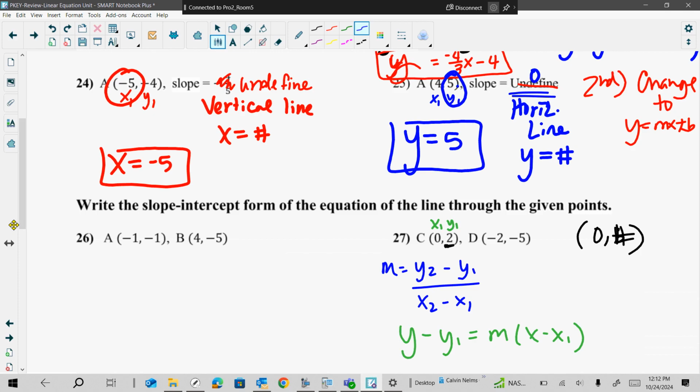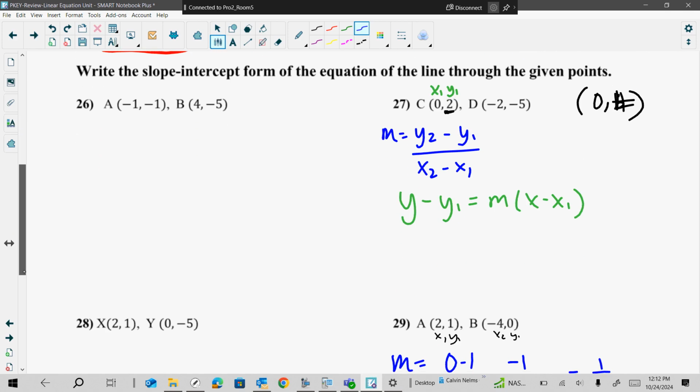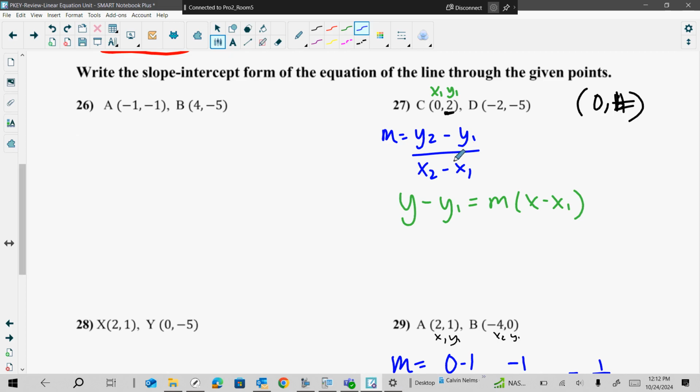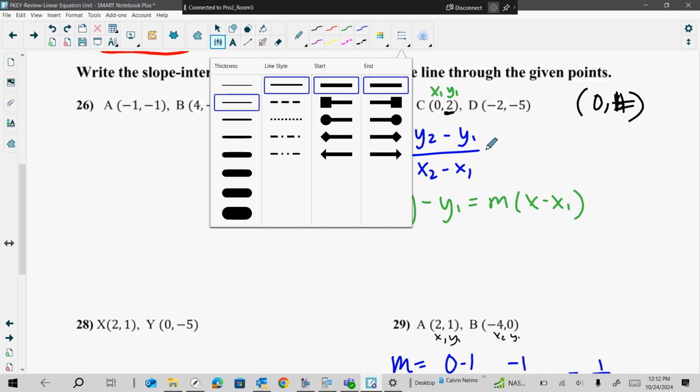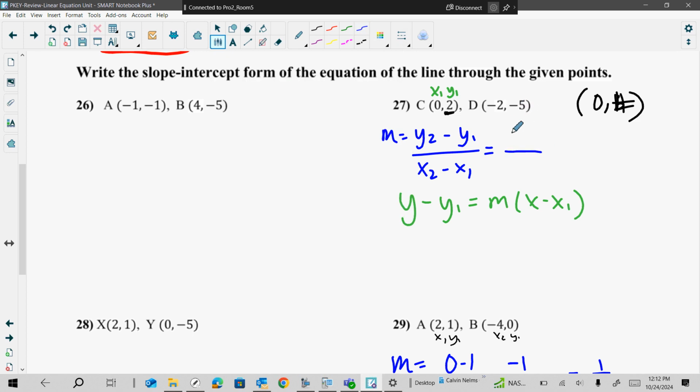All right, do y'all have these 2 points next? Okay, yeah. All right, so to write in slope-intercept form, if I give you 2 points, you need to first find the actual slope using the formula. So this would end up being -5 minus 2 on top and -2 minus 0 on the bottom.